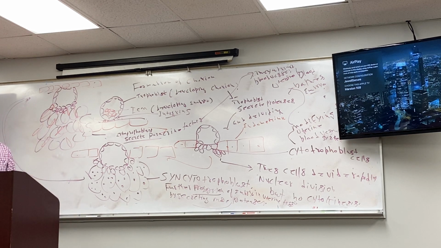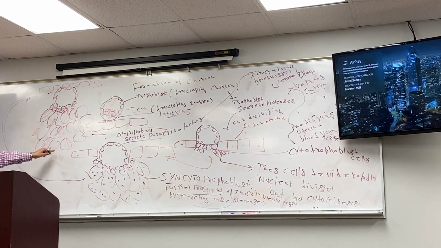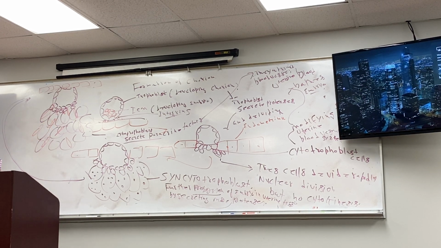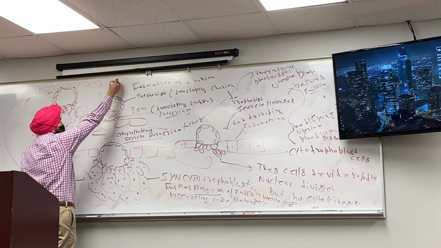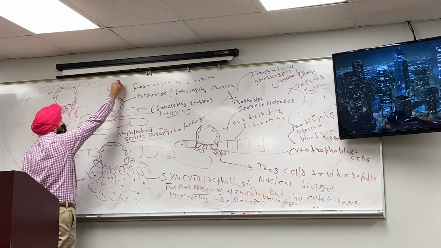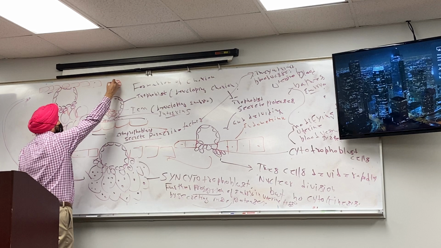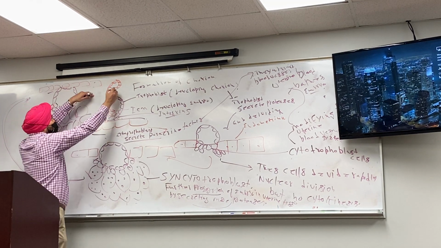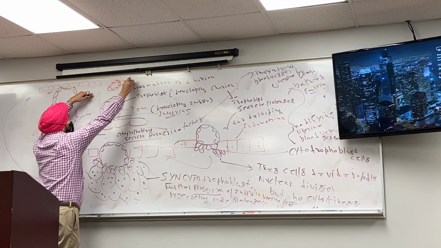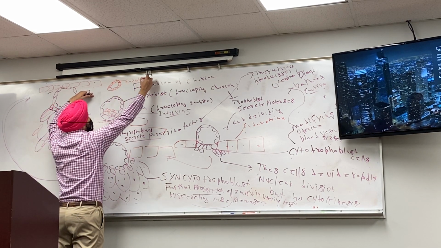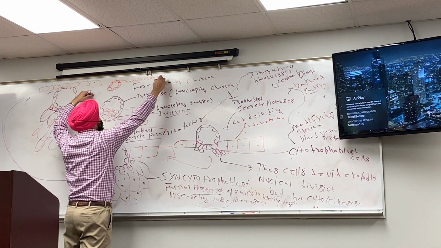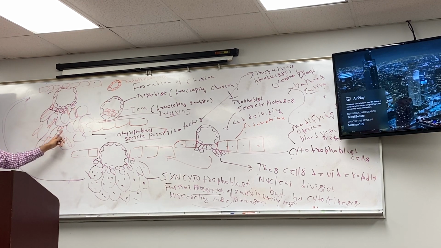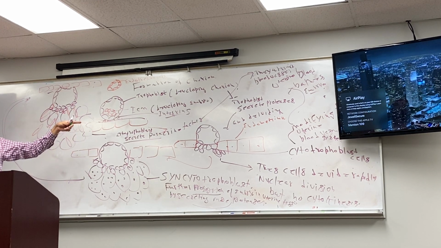Now, these blood vessels are coming from the mother. Now what happened? Let me draw the cross section. Think about this as the cross section of the blood vessel. These cells are called endothelium cells. Endothelium cells line the blood vessels. Now these endothelium cells in these blood vessels should be from the mother, right?